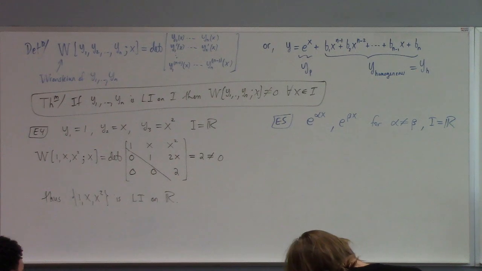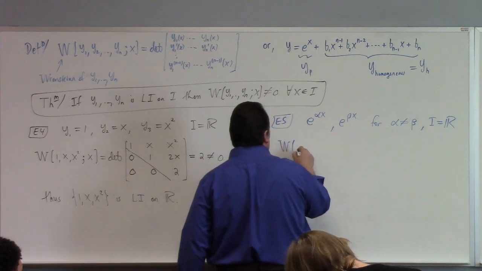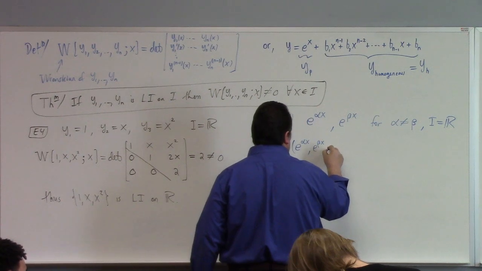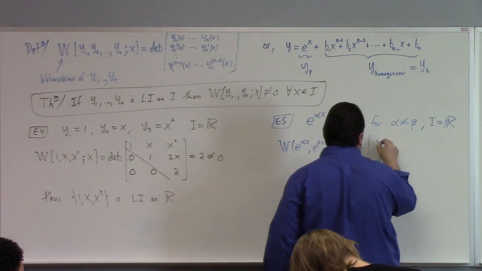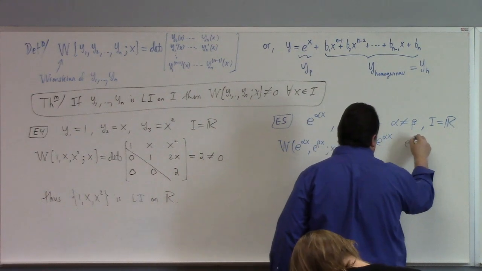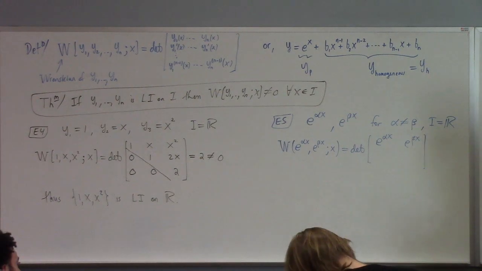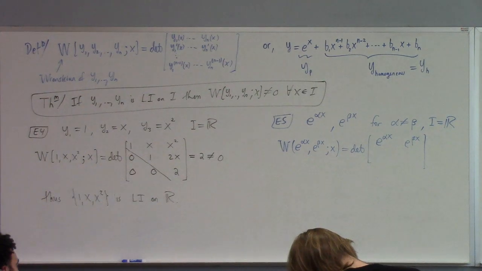So one way we could do this is just to calculate the Wronskian, and we'll do that. So the Wronskian of e to the alpha x, e to the beta x at x would be equal to the determinant e to the alpha x, e to the beta x. Now I need to differentiate those. How do I do that? Chain rule, right?